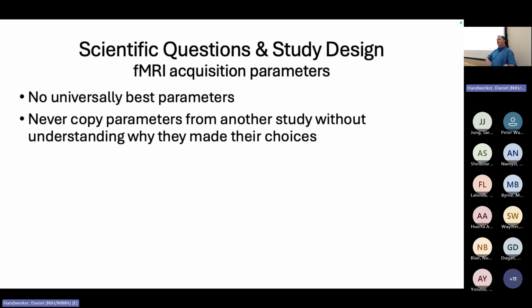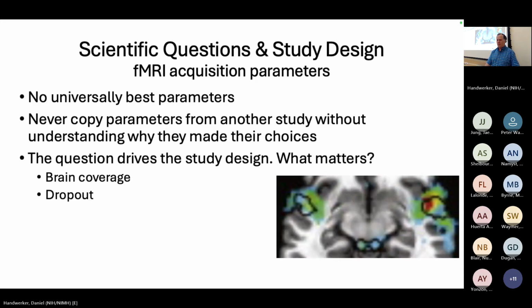And it turns out whoever they copied it from wasn't interested in the area they are interested in. So very often, what we almost all do is copy parameters from someone else, but then you have to think about them and understand them. Just copying it blindly very frequently leads to things you regret later.